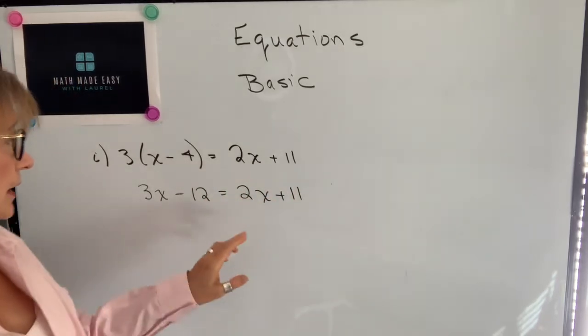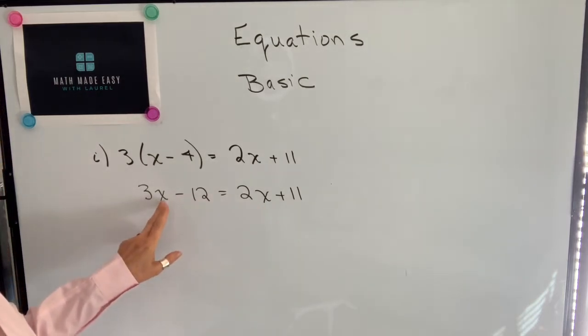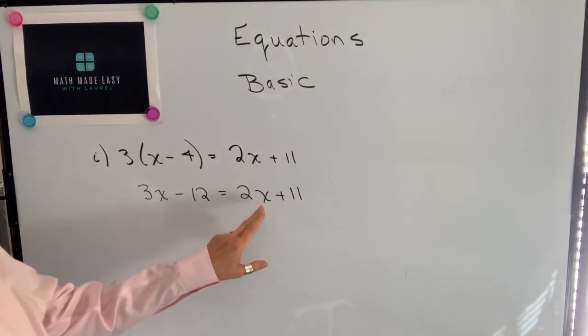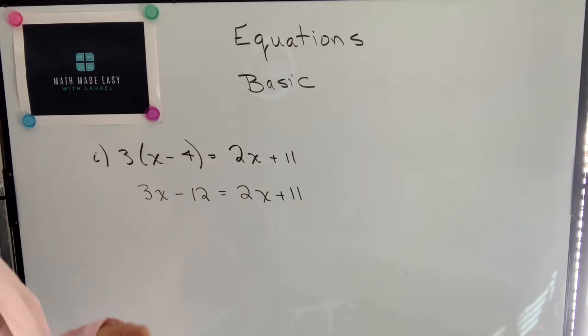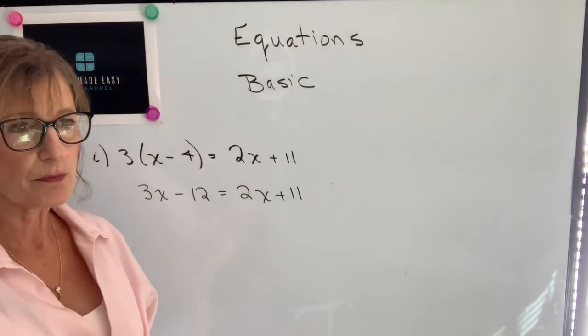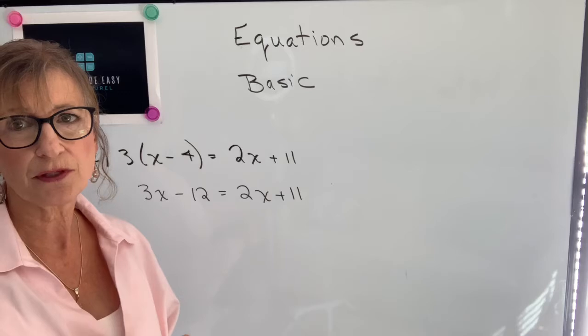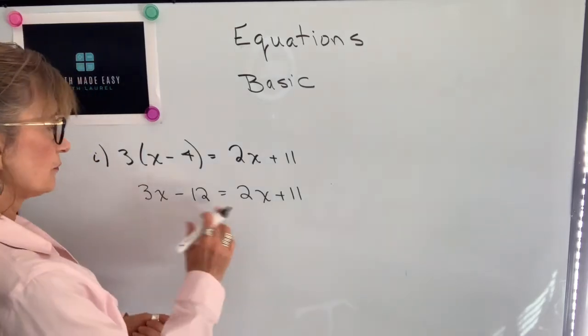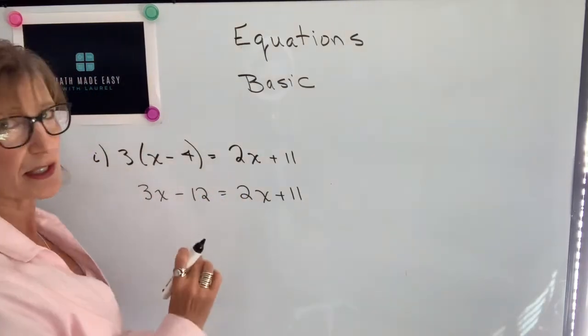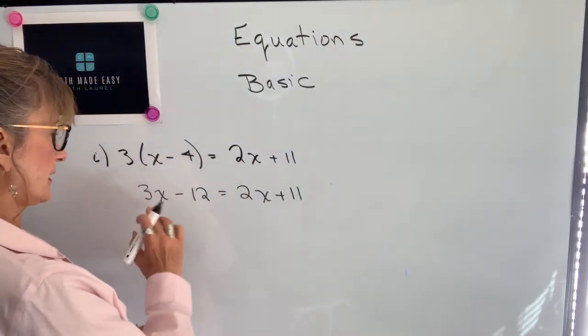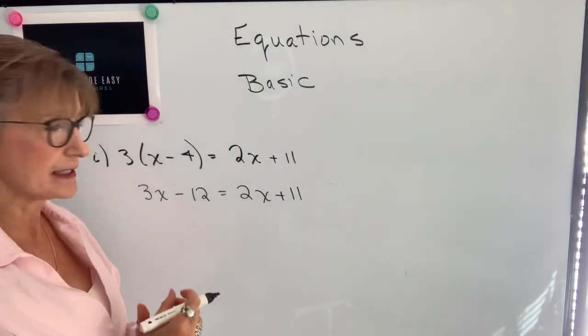Now we have an equation where we have our variable in more than one term, so we want to get those together. I want to move them to the side where the coefficient is going to be positive. So rather than subtracting 3x from both sides, I'm going to subtract 2x from both sides, and then my coefficient for x stays positive.